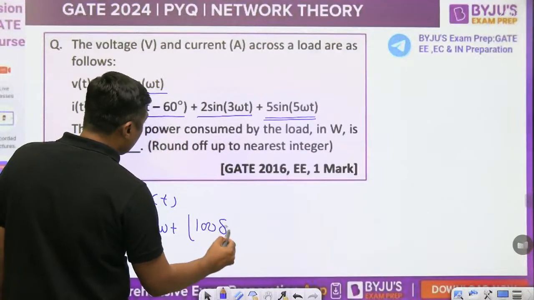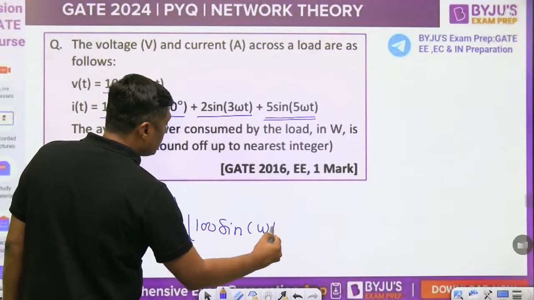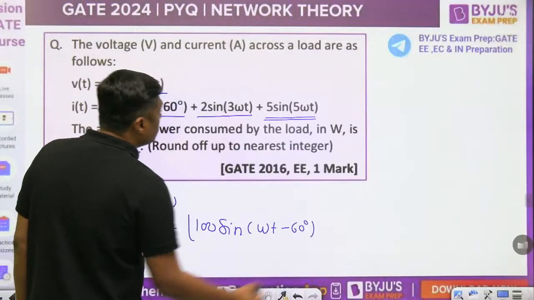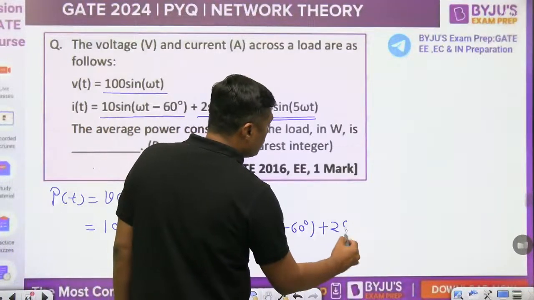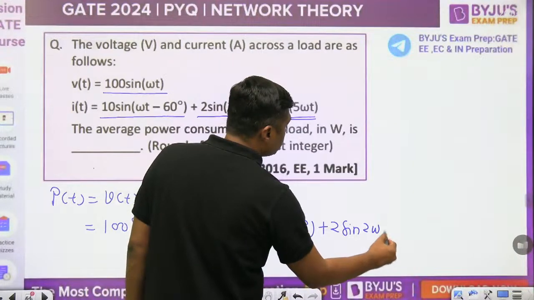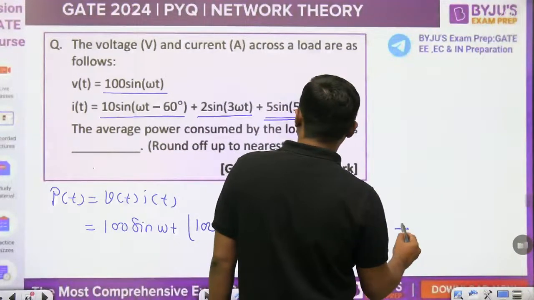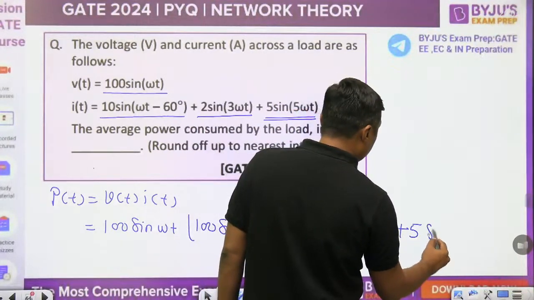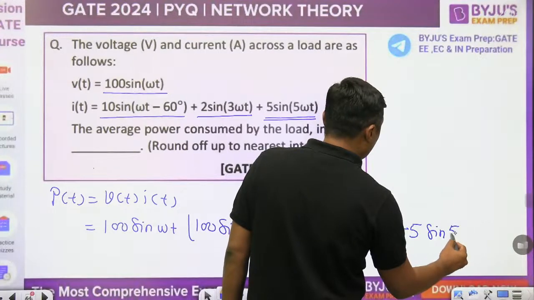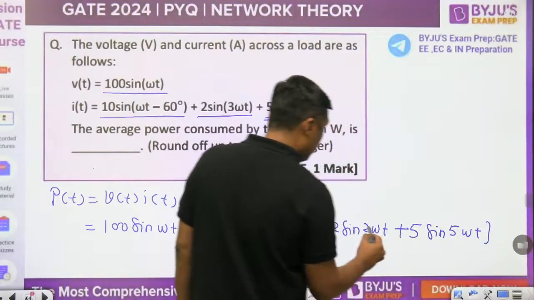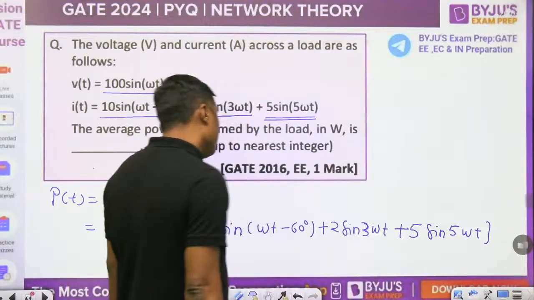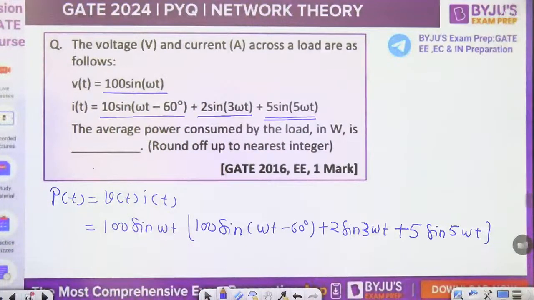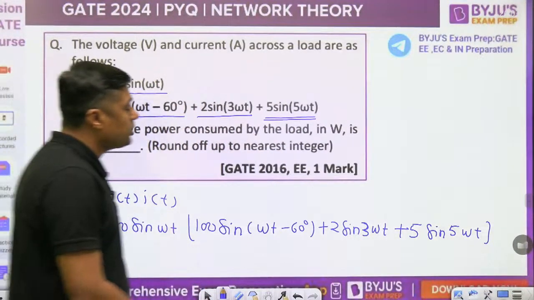I am not going to multiply it, I am just giving you the trick. First of all multiply it and then apply the formula of sin A sin B.